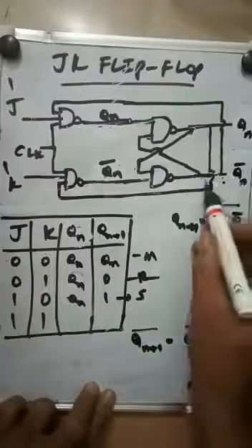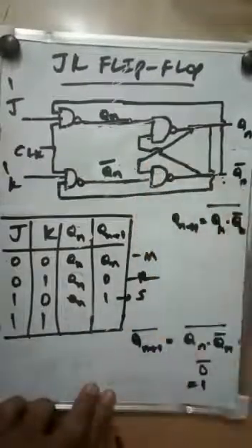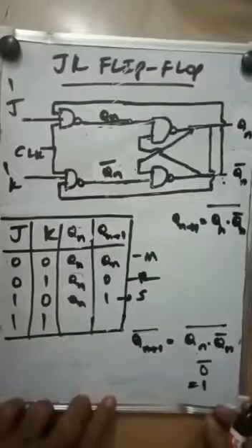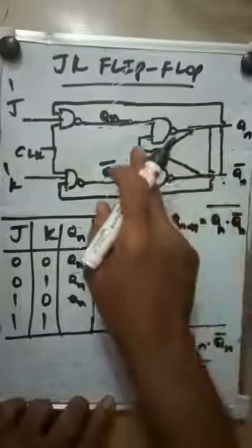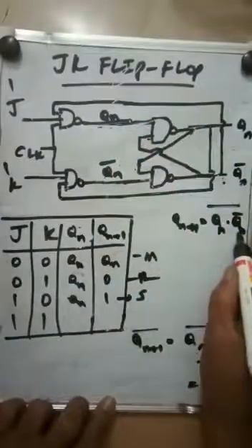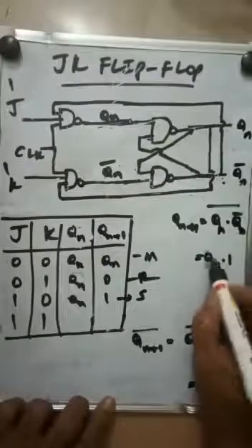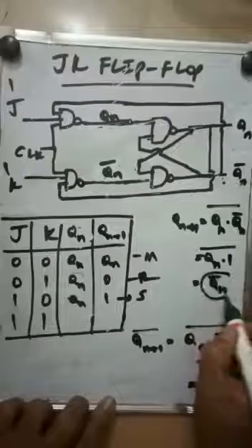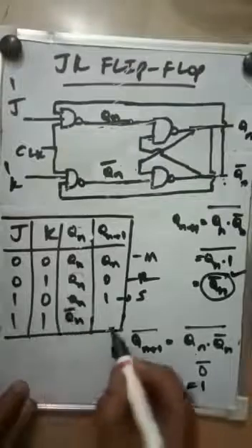So if it is equal to 1, that means Qn bar is equal to 1. Then what should be the value? If it is 1, then 1 dot Q, that means Qn bar is 1. So from this, Qn 1 dot whole bar, then what is the value? Qn bar, that means the complement of that.